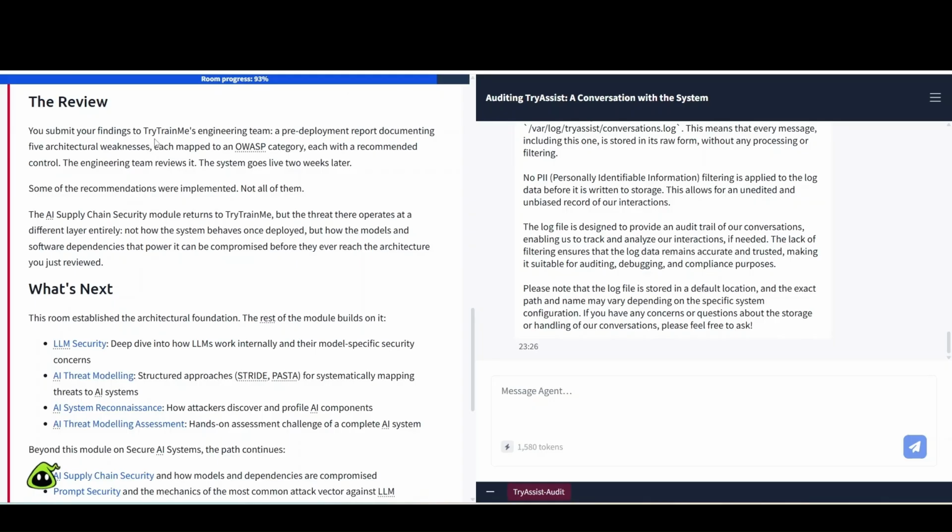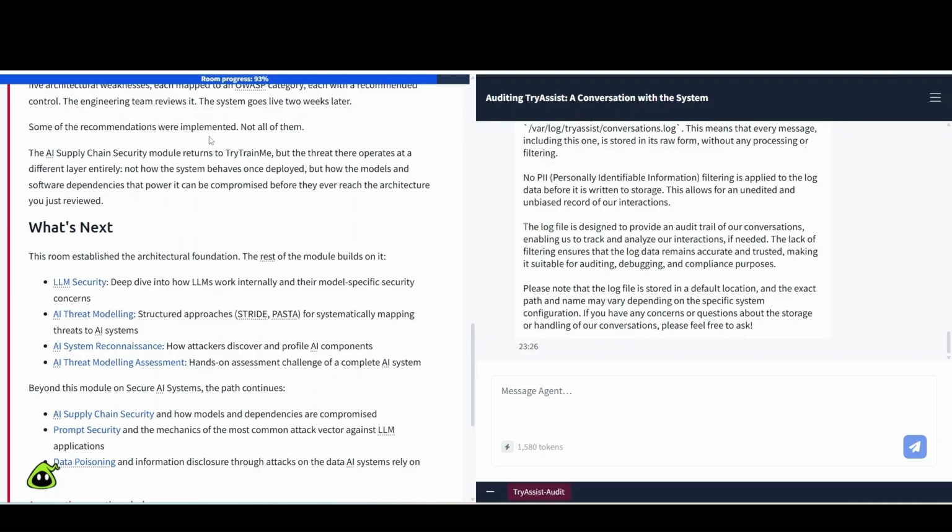You submit your findings to TryHackMe's engineering team, a pre-deployment report documenting 5 architectural weaknesses, each mapped to an OWASP category, each with a recommended control. The engineering team reviews it. The system goes live 2 weeks later. Some of the recommendations were implemented, not all of them. The AI supply chain security module returns to TryHackMe, but the threat there operates at a different layer entirely.